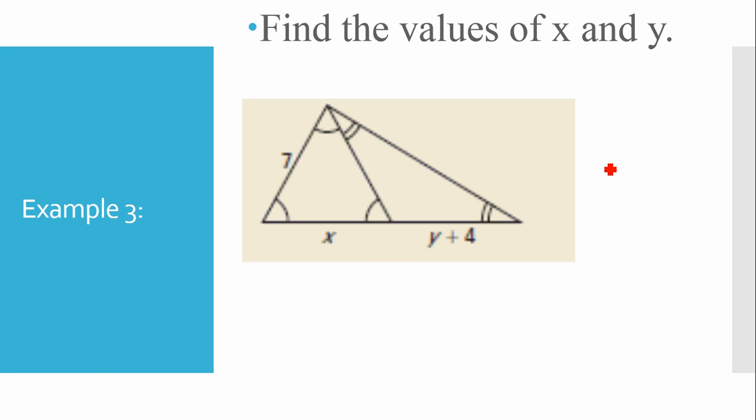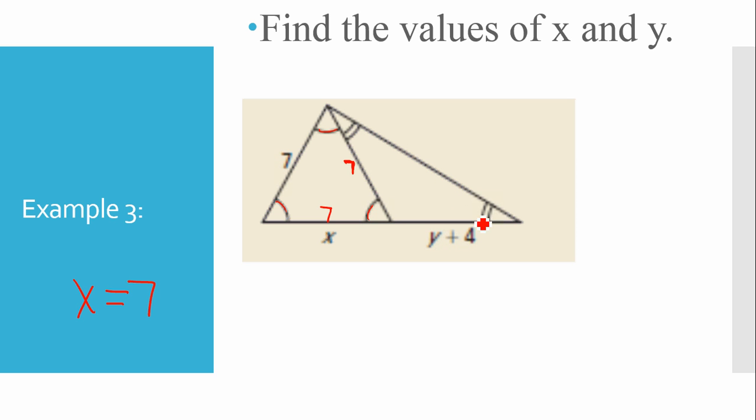Find the values of X and Y. In this picture, this is an equilateral triangle on the left. Therefore, I know that the length of this segment would equal 7. I know the length of this segment would have to equal 7. So X is equal to 7. The triangle on the right, I know for a fact that it's an isosceles triangle.